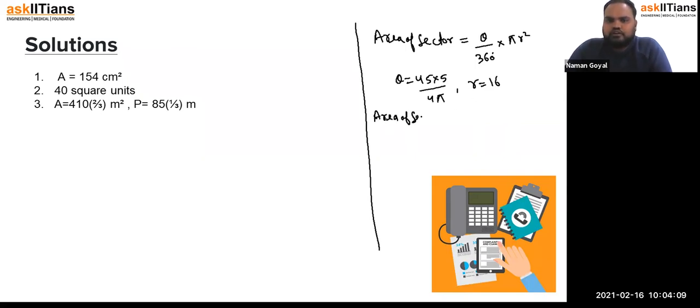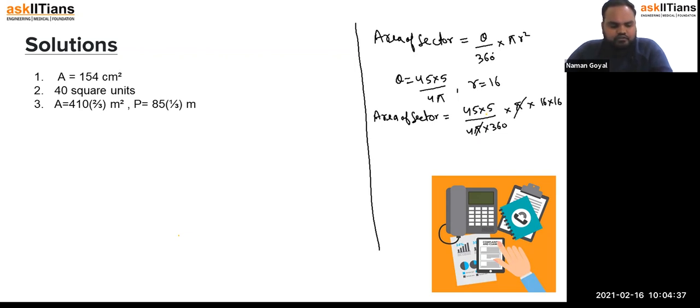Area of sector equals 45 into 5 upon 4 pi, into pi into 16 into 16, upon 360. See, pi cancels out.